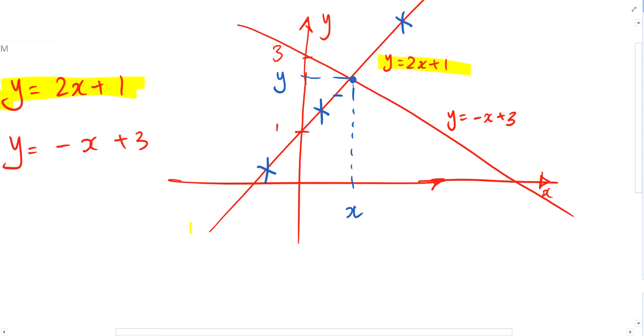If I only plotted these 3 points out and join it with a straight line, I will know that, for example, if this is x equals to -1, I can read off my graph, and it will tell me that this value should be -1, based on my graph, right? Although I did not calculate, based on my graph I am able to do that, because every single point on this graph satisfies the equation y equals to 2x plus 1.